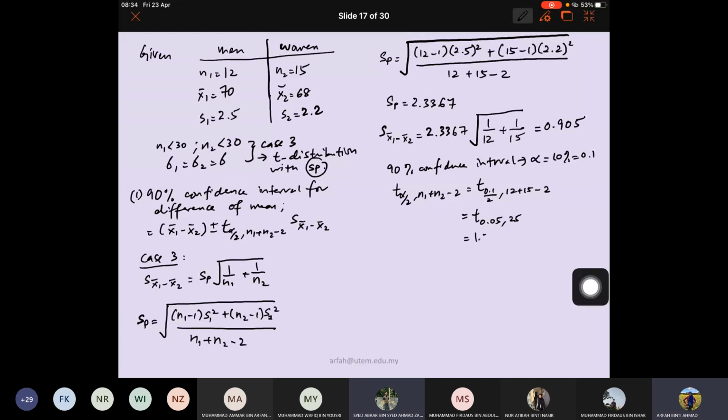Yap, betul jawapan Syed. 1.708. So, daripada sini 90% confidence interval dia akan sama dengan X bar 1 tolak X bar 2, 70 tolak 68 tambah tolak 1.708 didarabkan dengan 0.905. So, cuba kira dapat berapa?